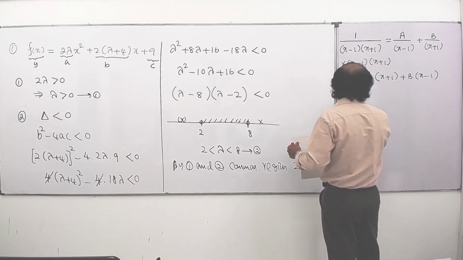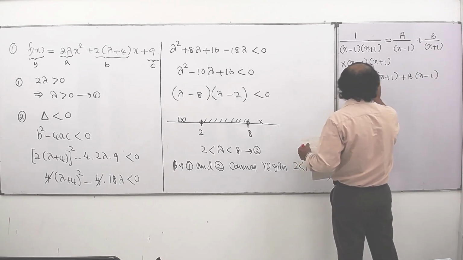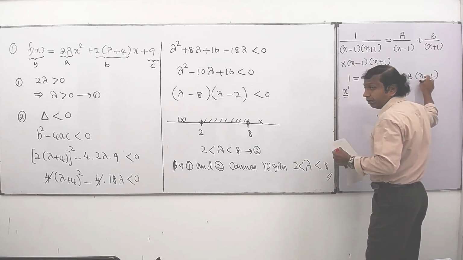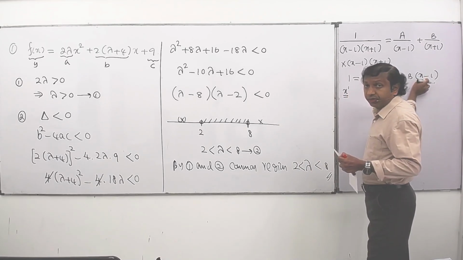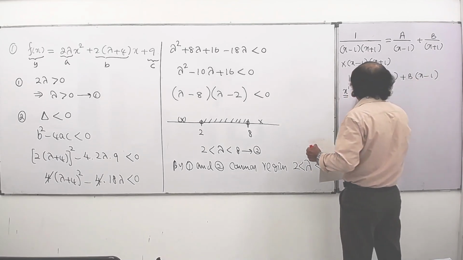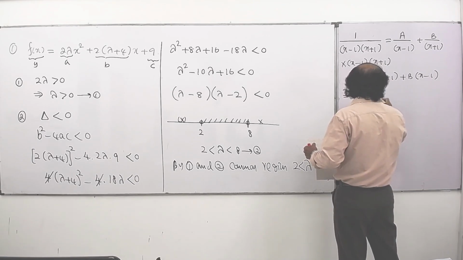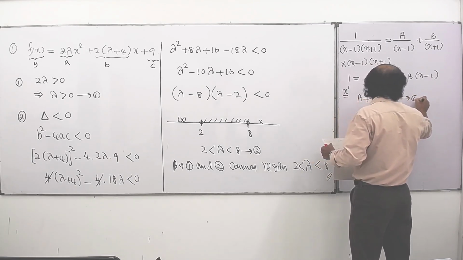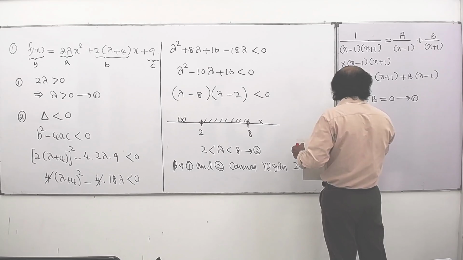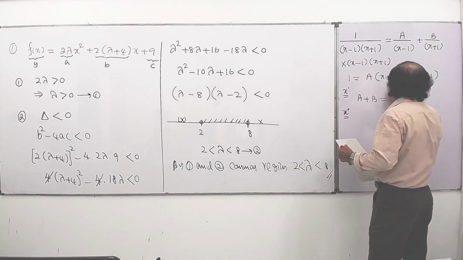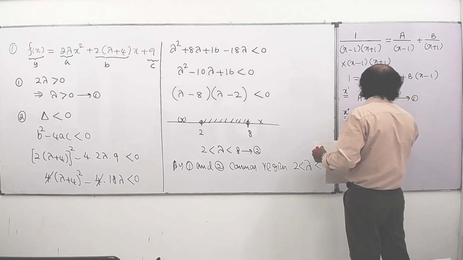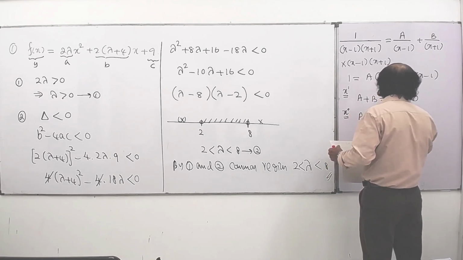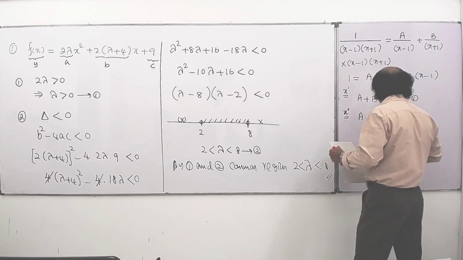Now we'll equate the coefficients of x to the power 1 on the left and right. Here we get Ax, here we get Bx. The coefficient of x on the right hand side is A plus B. On the left hand side we don't have an x term, so 0. Now for x to the power 0, here A, here minus B, and this is 1. Number 2.